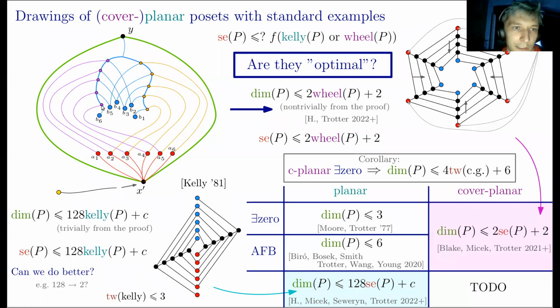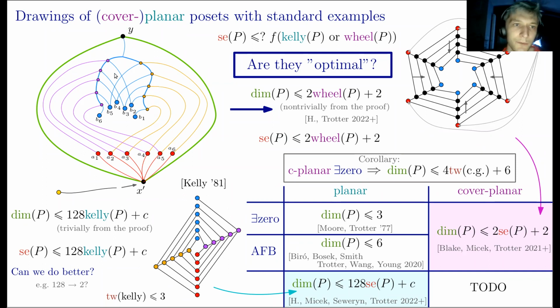Okay, so I have these purple points here, and it turns out that if I have these purple points here in Kelly and this yellow, then it's yes. So I hope that you understand.